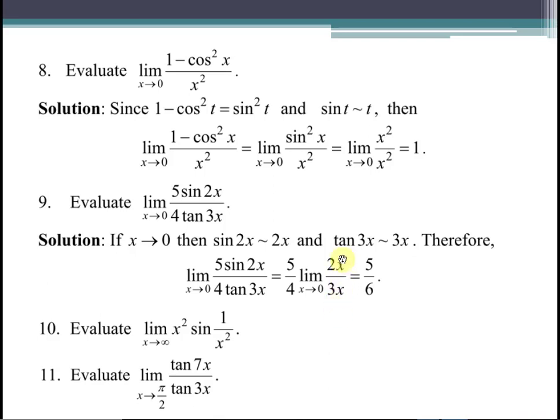So, they are cancelled, 2x and x. And we have the answer, even we cancel them, 2 and 4, we have 5 over 6. Number 10, number 11, try to do by yourself. This is also not so difficult. They are the same as the previous ones.